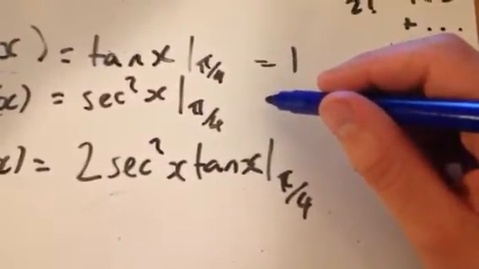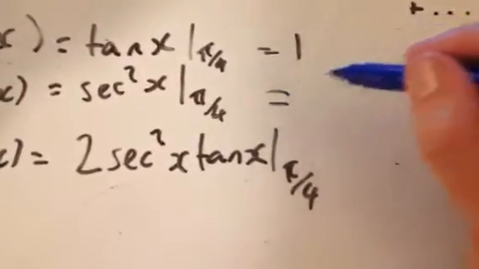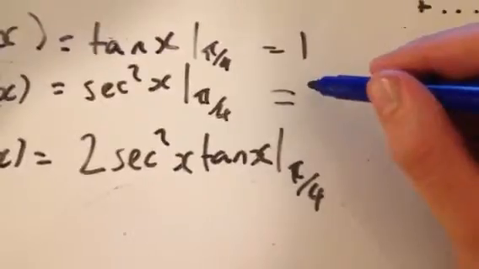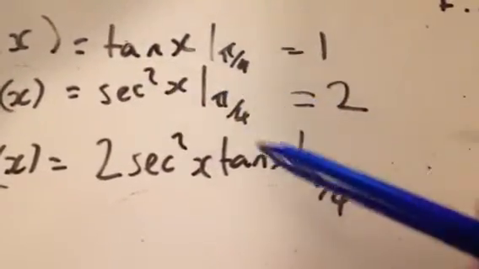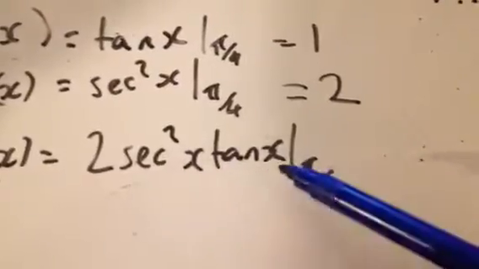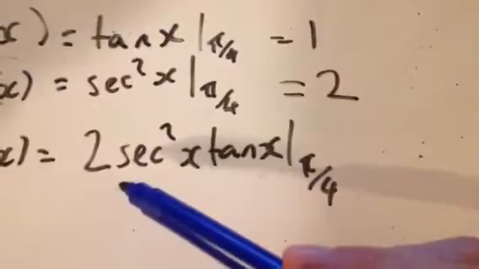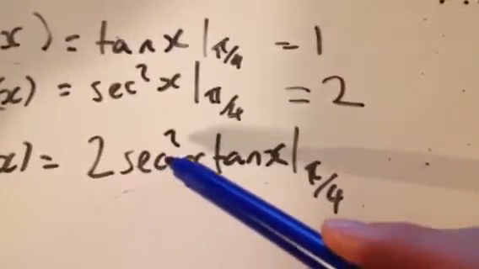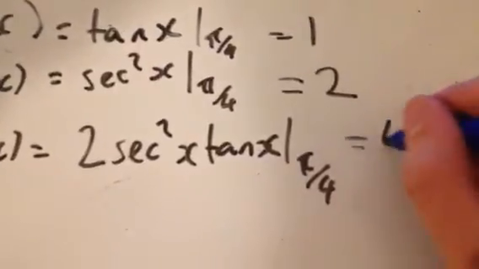So sec x is just root 2, so sec squared x is 2. And obviously with these two values we can find 2 sec squared x tan x will just be 2 times 2 times 1, so that'll be 4.